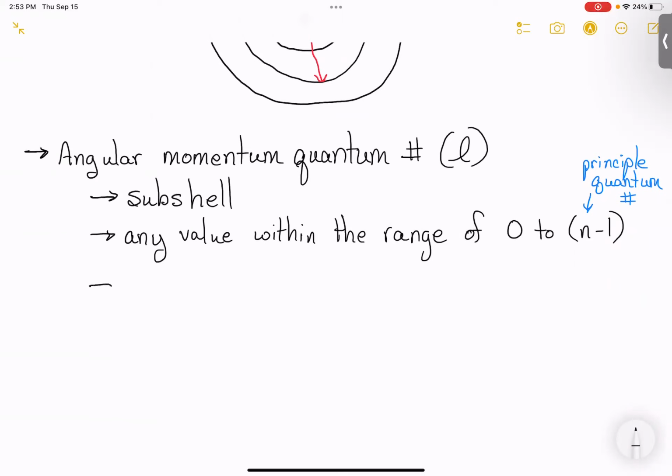When the angular momentum quantum number l is equal to 0, that means that you are working with an s subshell. s subshells are spherical around the nucleus.